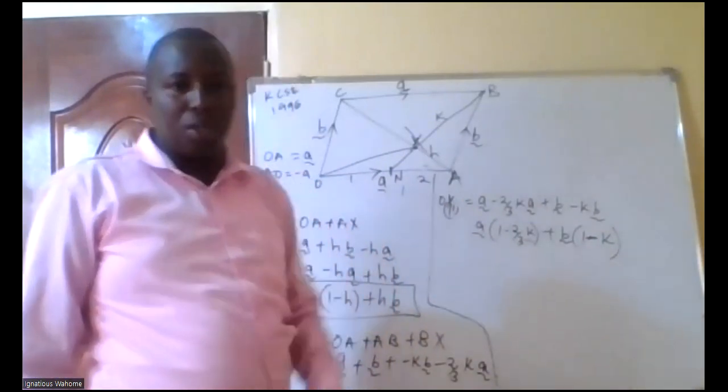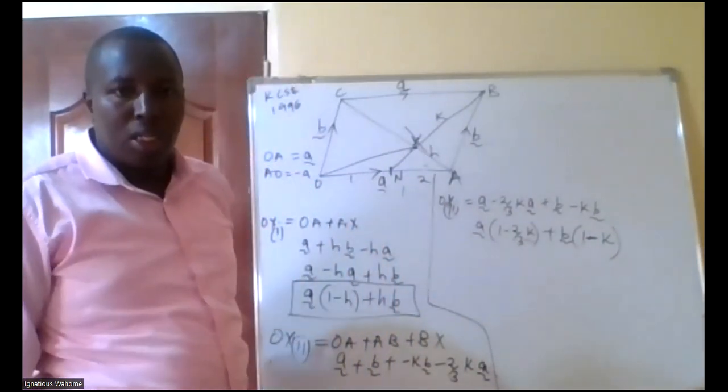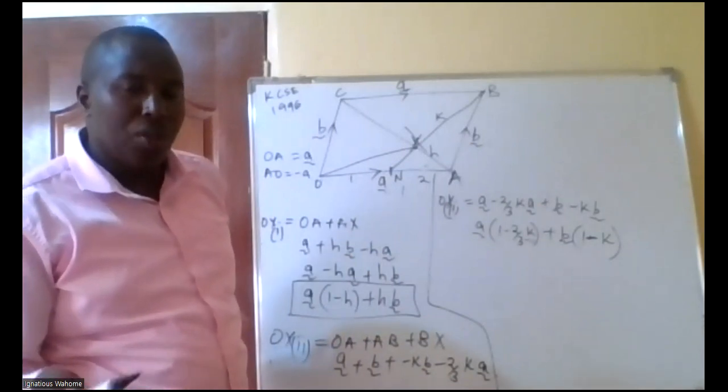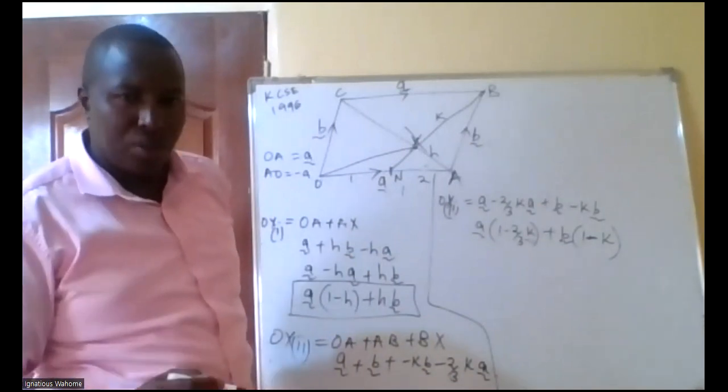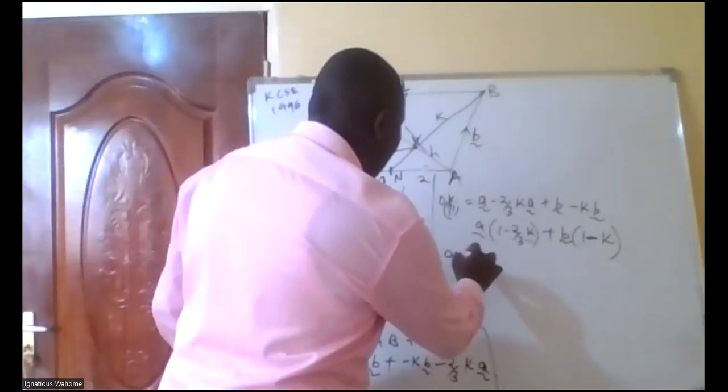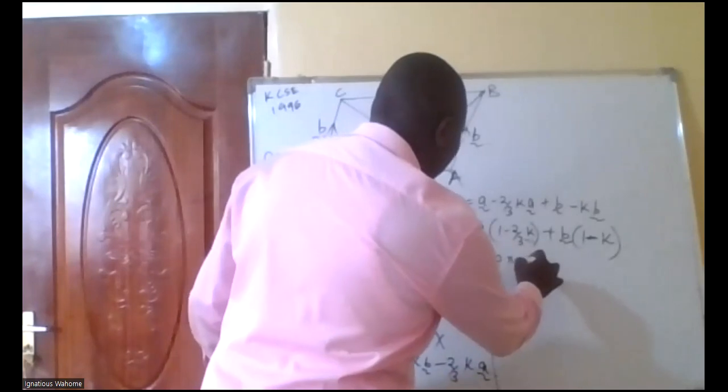So what do you do in that question? When you have the two vectors, you are supposed to equate them. OX1 is equal to OX2.